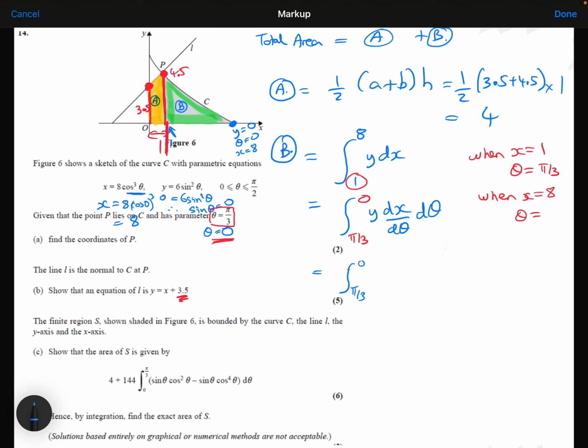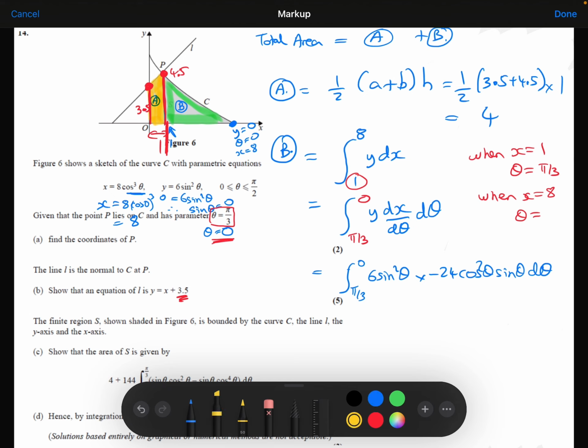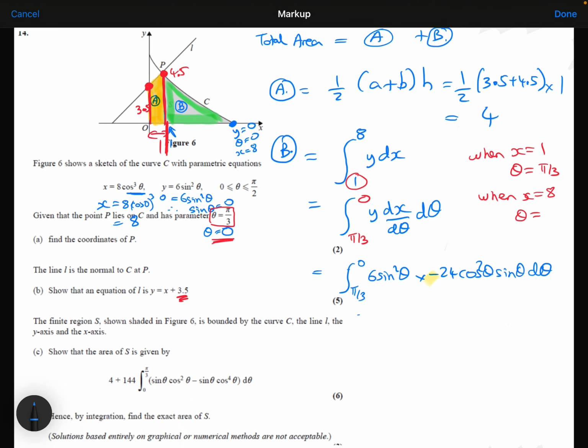Now let's do the inside. The y we know is 6 sine squared theta. The dx by d theta, we worked this out a couple of moments ago, was minus 24 cos squared theta sine theta. Now tidying this up, this minus here means that I can flip the limits the other way around, so I have the smaller number at the bottom and the bigger number at the top, so that's useful.